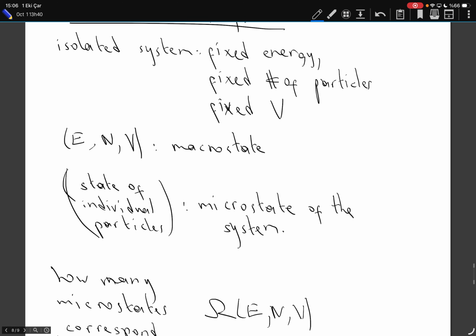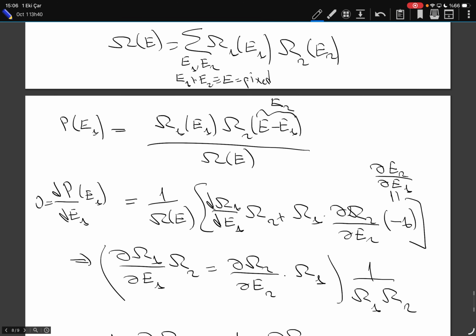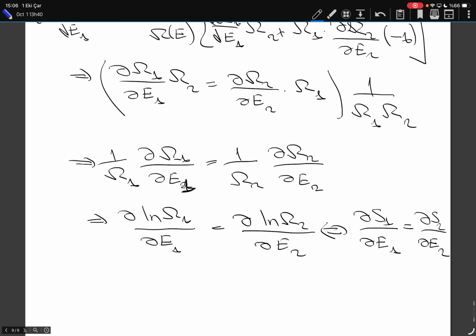Well, the same thing over here. E1 can take any value from 0 to capital E. E2, again, can take any value from 0 to capital E, as long as their sum is E. But for the most probable state, E1 and E2 will be such that this condition is satisfied.